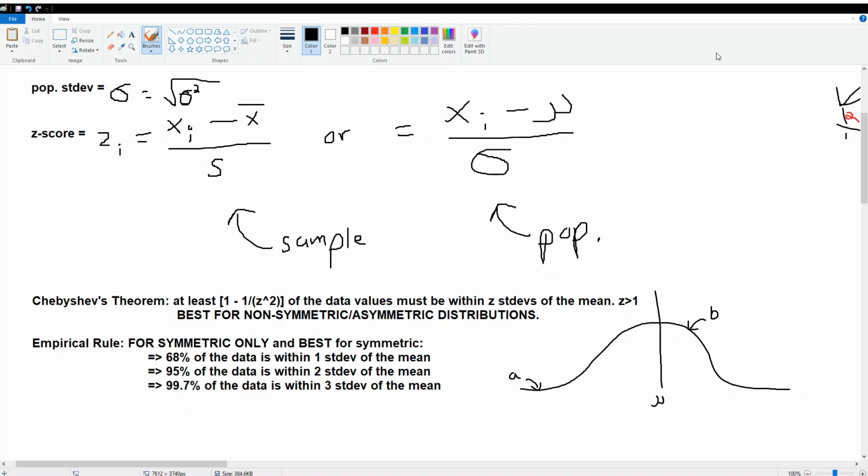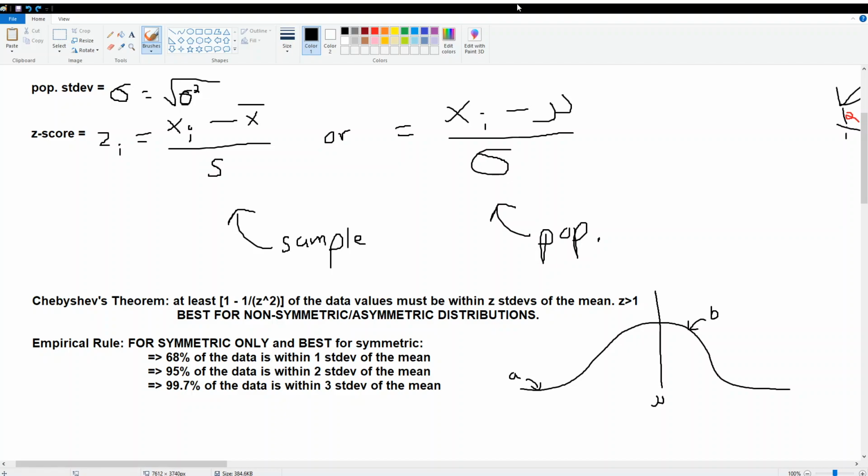And we can quantify this with something known as the z-score. And we denote this by z. The z-score is equal to the data point minus the mean, and that divided by the standard deviation. If we have a sample, we'll have x bar for our mean and s for our sample standard deviation.